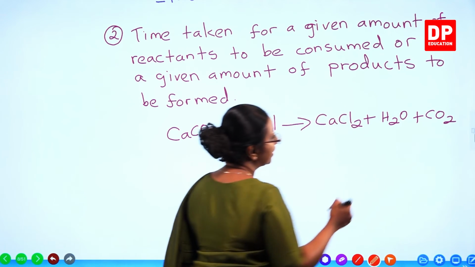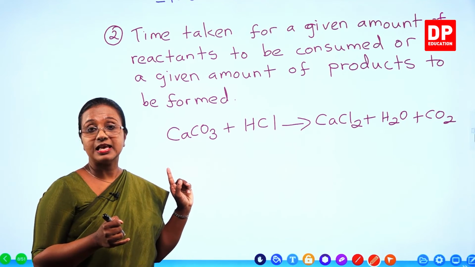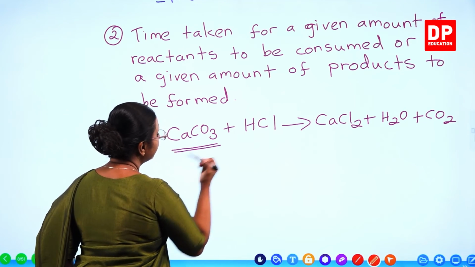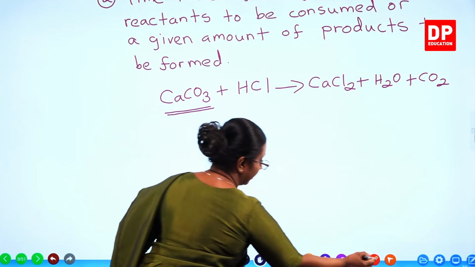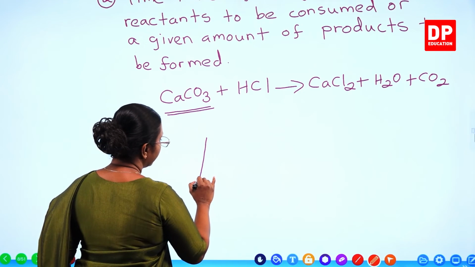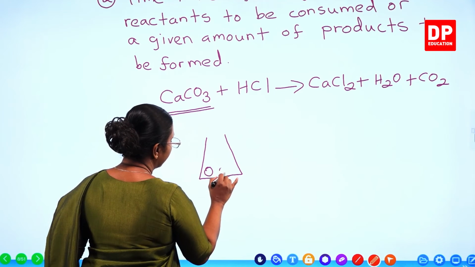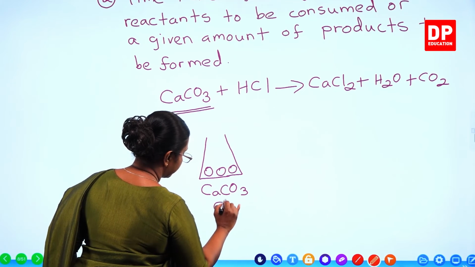We can either collect the carbon dioxide gas or we can consider this calcium carbonate. So what I will do is I will consider the reactant here. So again, when we do the activity, what we can do is I have a conical flask. Into that, I take calcium carbonate chips.